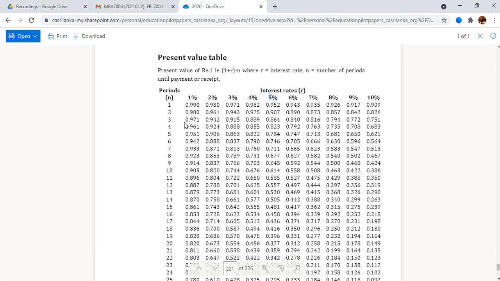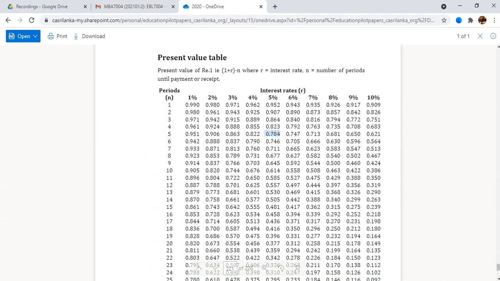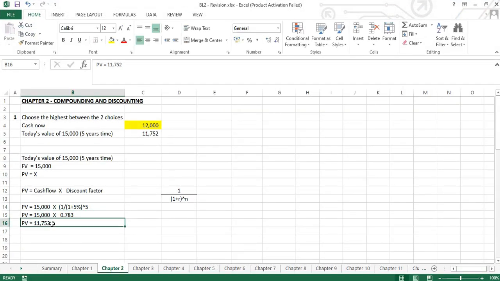So 5% and 5 years meet at the discount factor of 0.784. 0.783 is over here, a decimal rounding. So without doing the formula calculation, you could straight away apply 0.784 into the equation and get your present value.